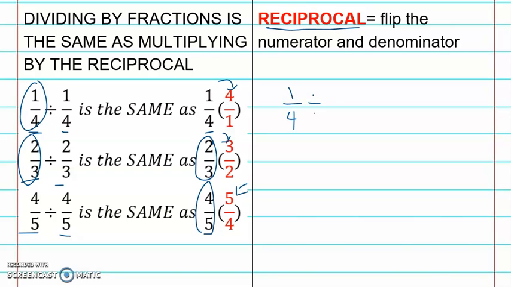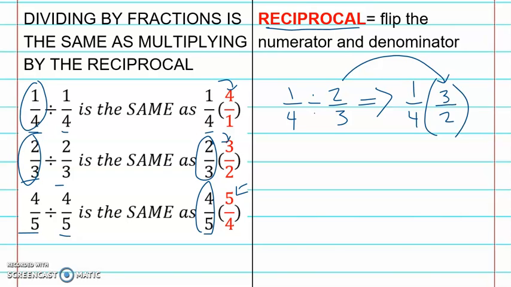1/4 divided by 2/3 is the same as 1/4 times, flip, give me the reciprocal, okay? 2/5 divided by 1/8 is the same as 2/5, keep the first, flip the second, so we have times 8/1, the reciprocal.